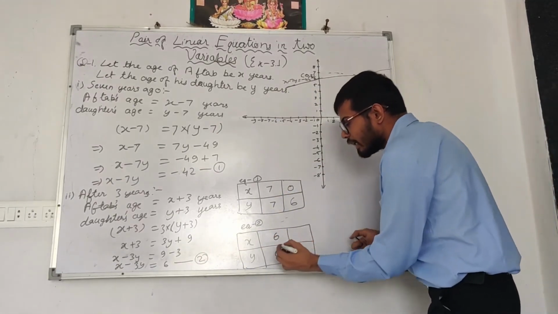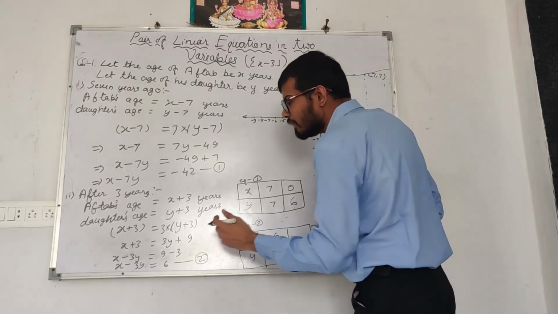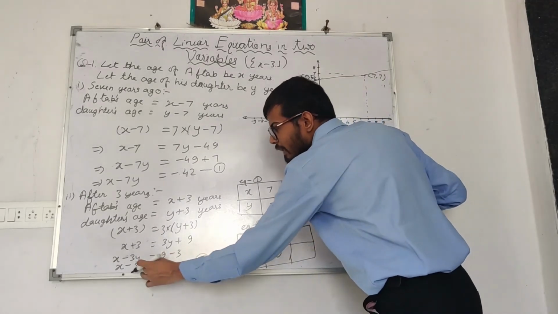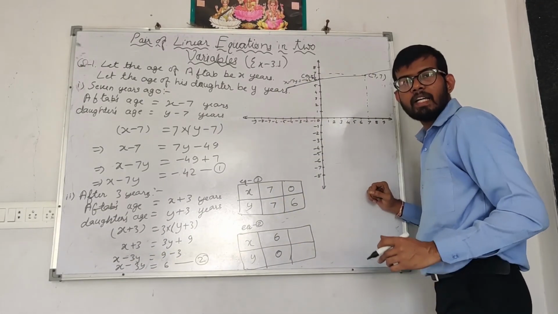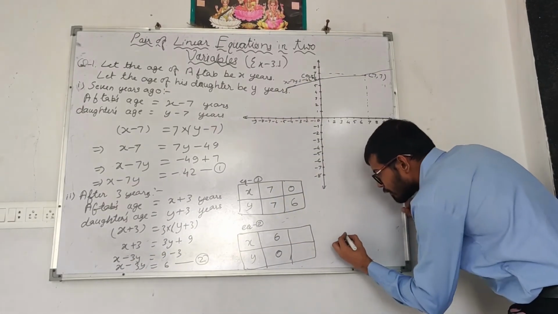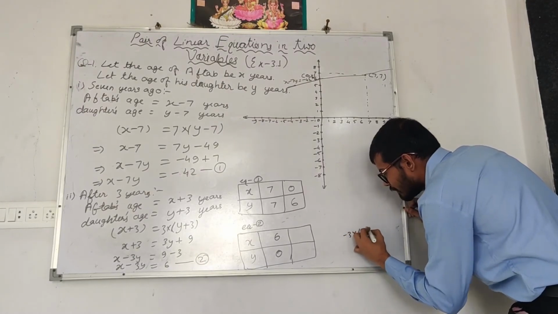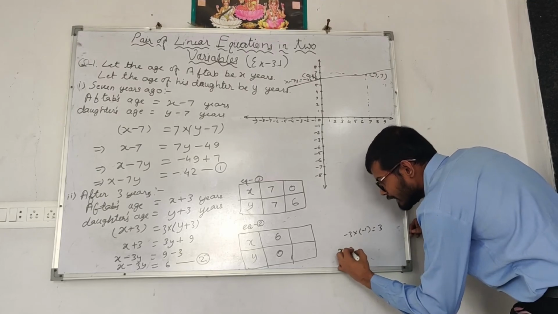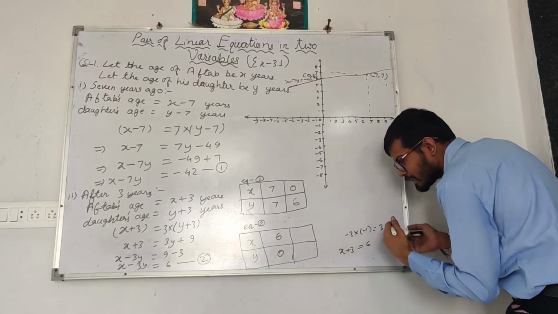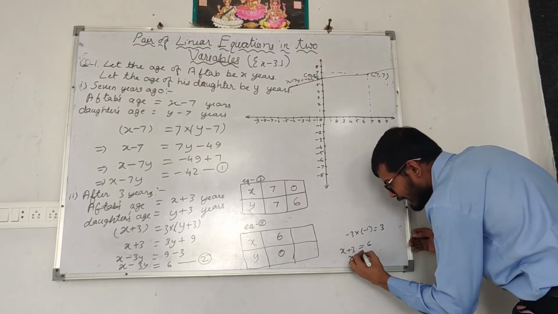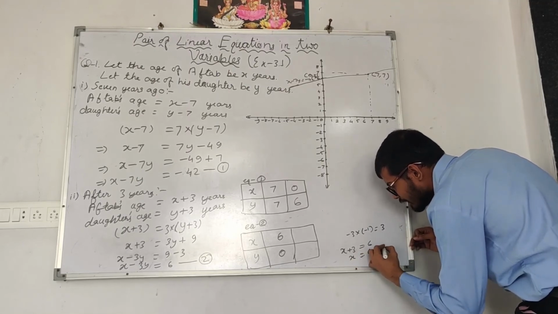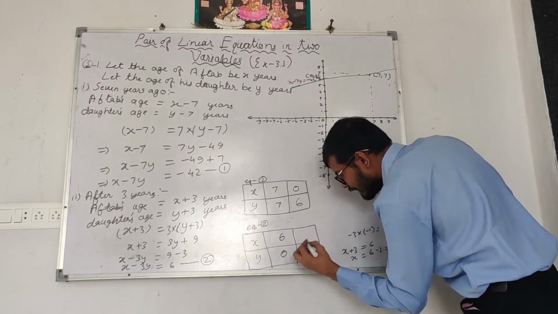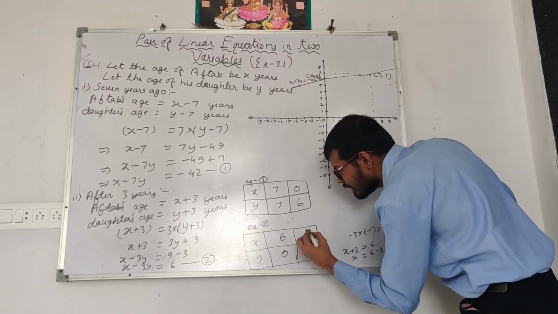Correct? Now we will put the value of y as minus 1. So minus 3 into minus 1 is considered plus 3. So x plus 3 equals 6. Now this plus 3 will go to that side and become minus. So 6 minus 3 will be 3. So if we consider y value as minus 1, then we get the value of x as 3.